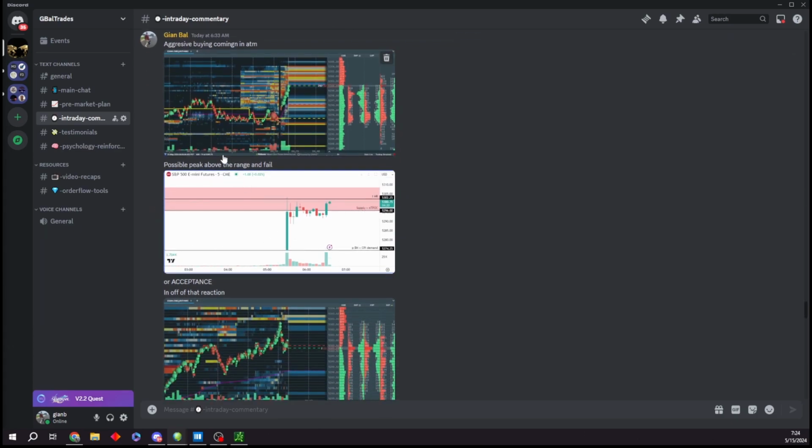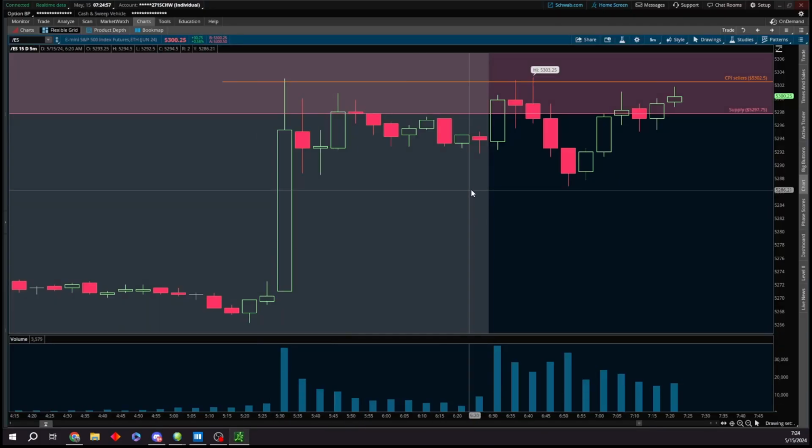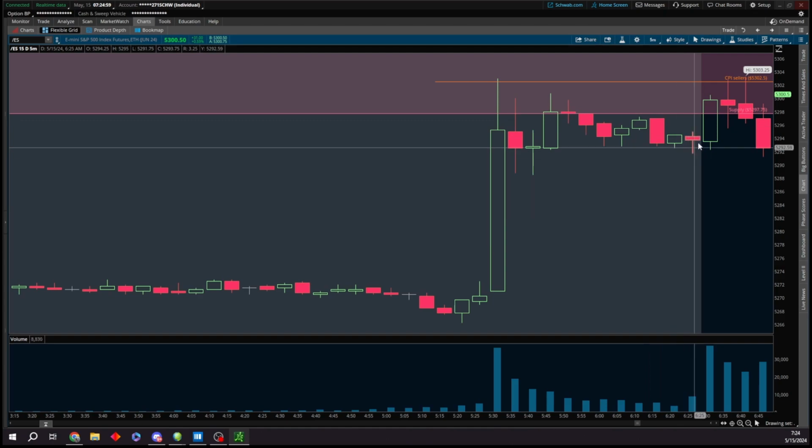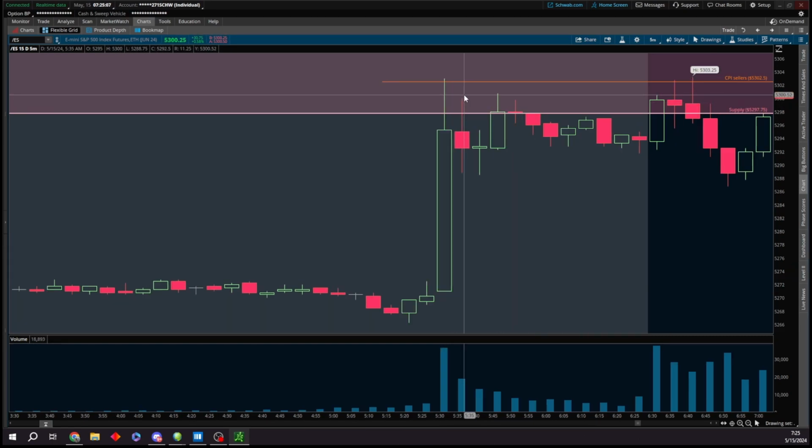prior to the 6:35, was when there was some aggressive buying coming in, and we popped back above this consolidation from the CPI.